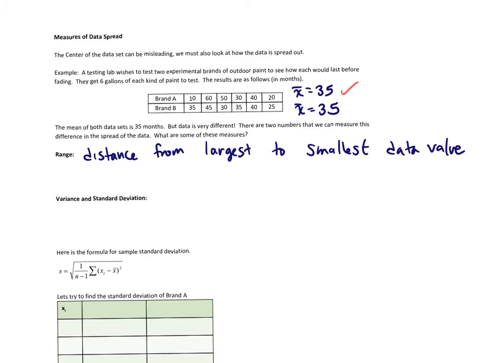So the range is a really quick one to do because the official formula for range, we just take the biggest value, the max, minus the smallest value, the min. So if I do that for these 2 data sets, this range would be 60 minus 10, which is 50. And this range would be 45 minus 25, which is 20.